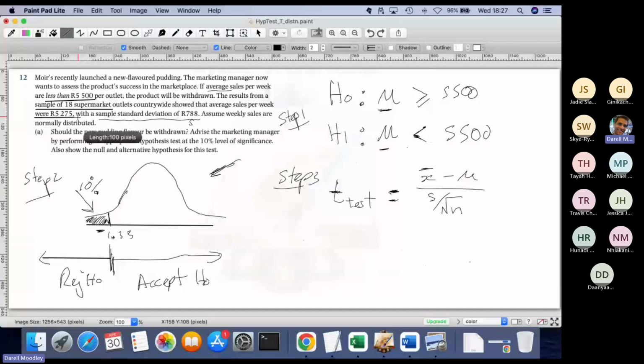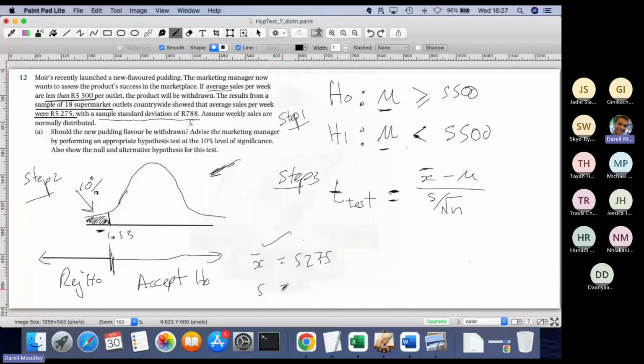So your X bar is 5275, and your S is 788. Your N is the sample size, as we wrote earlier. You only sampled 18 supermarkets, so your N is 18.